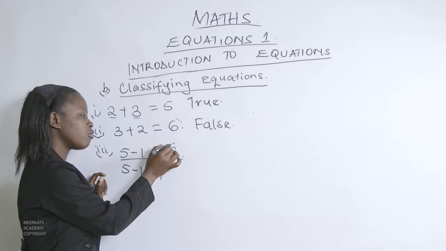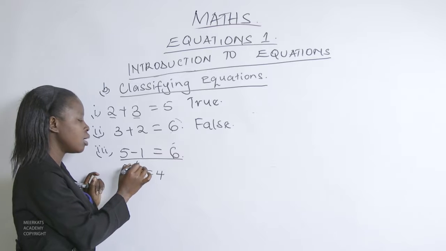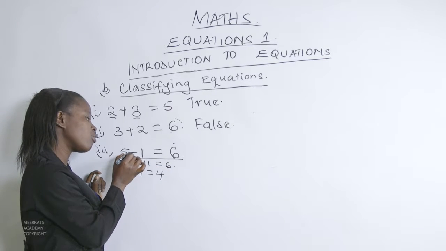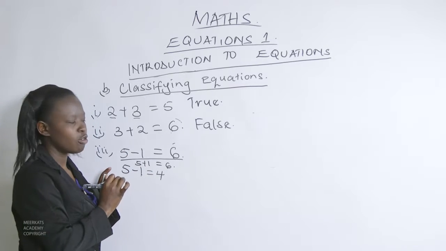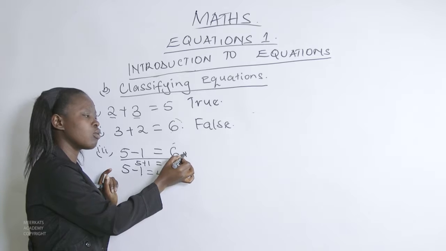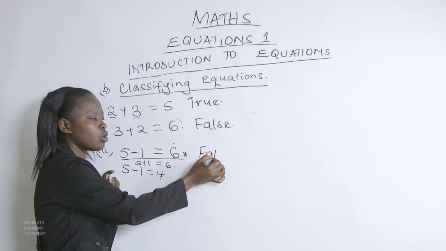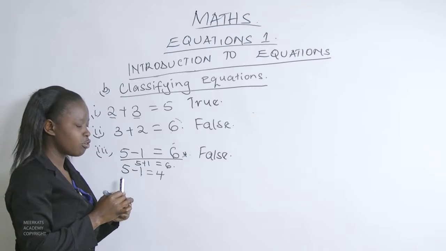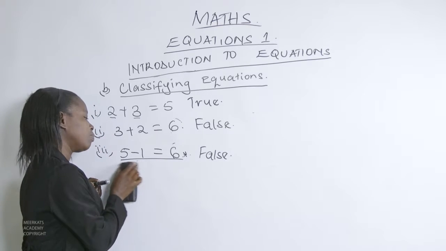The equation should have been 5 plus 1 to be equal to 6, but it is 5 minus 1. 5 minus 1 is equal to 4. So even though this is an equation, it is a false equation, because 5 minus 1 is equal to 4 and not 6. So what does it mean?